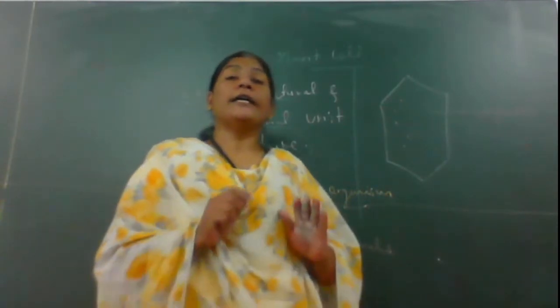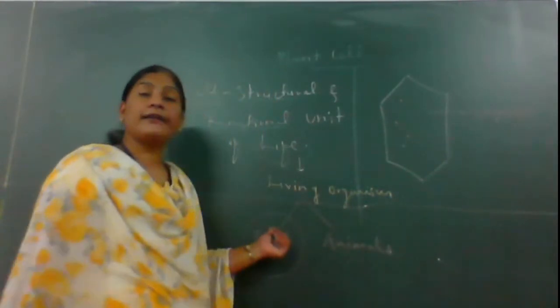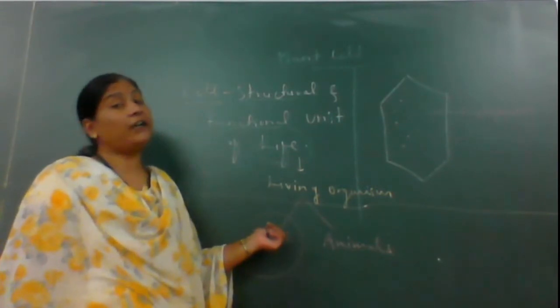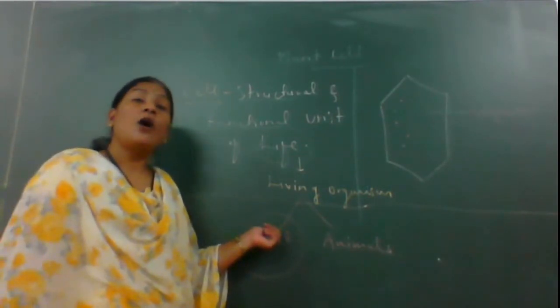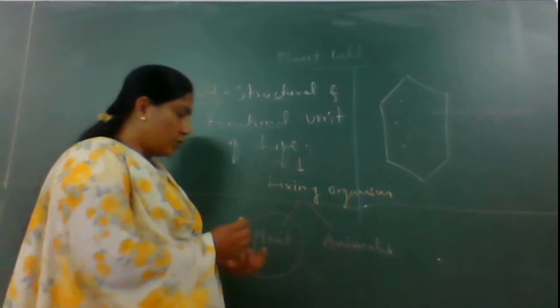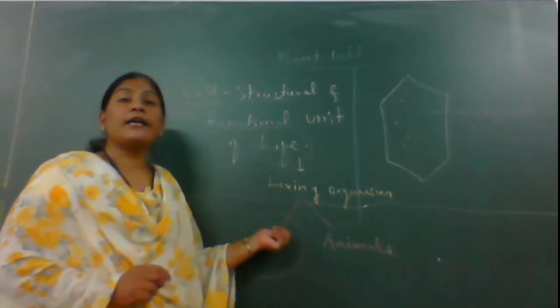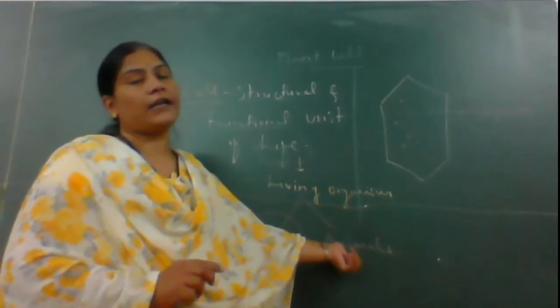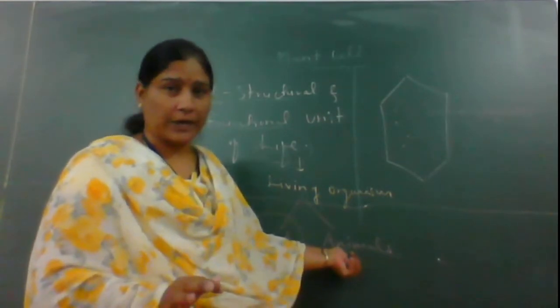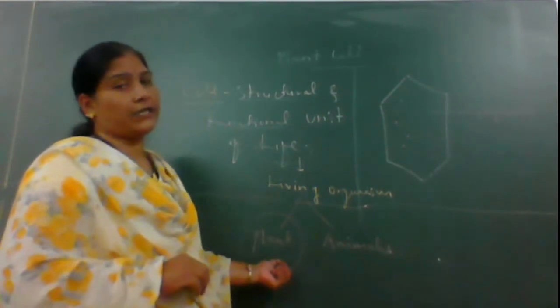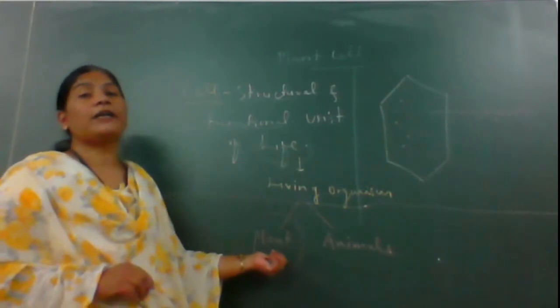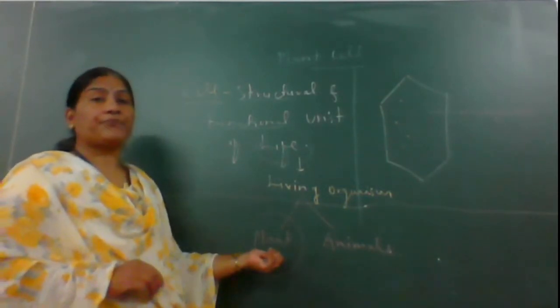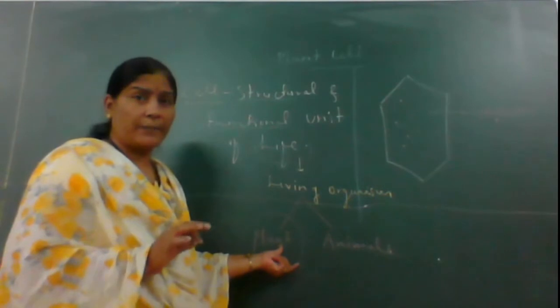In the plant cell there is also an essential organelle called the chloroplast, which is absent in animals. In the chloroplast the dominant pigment is chlorophyll.